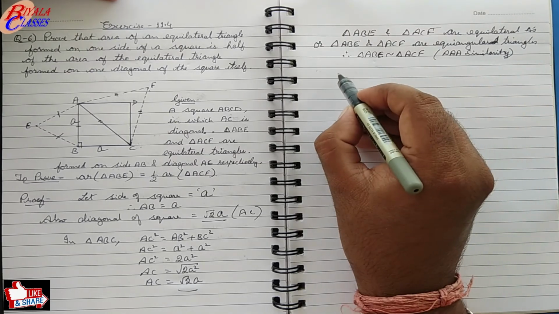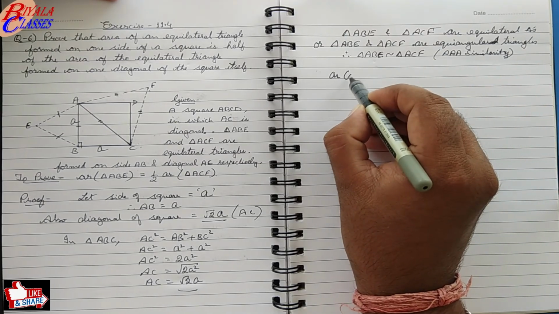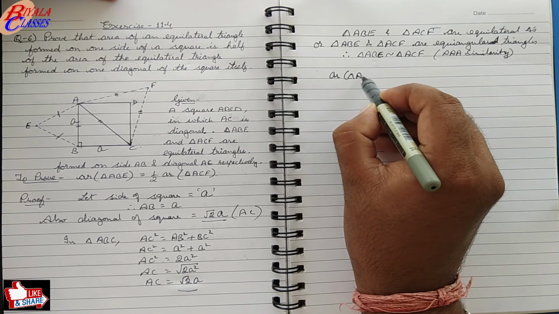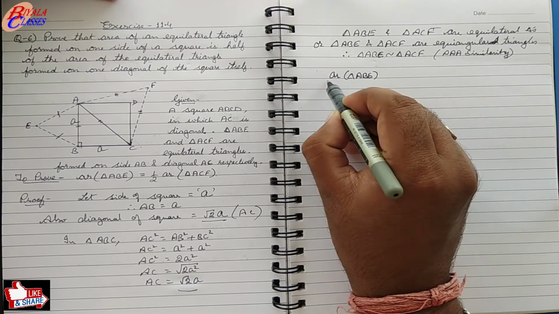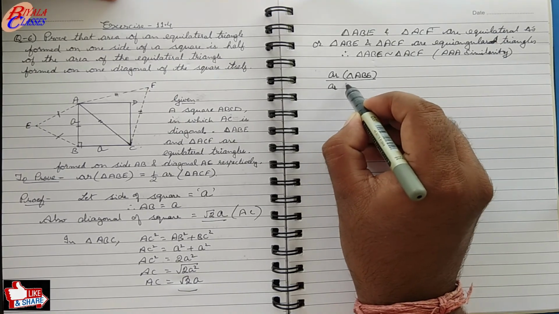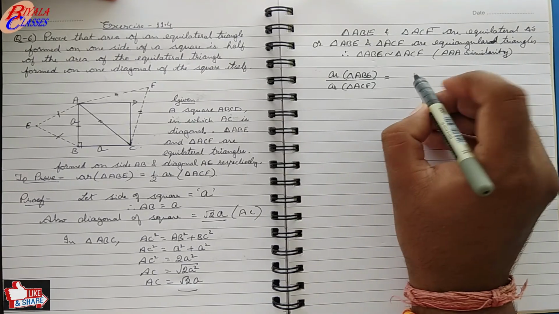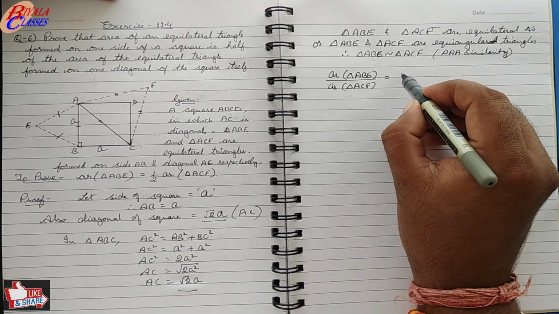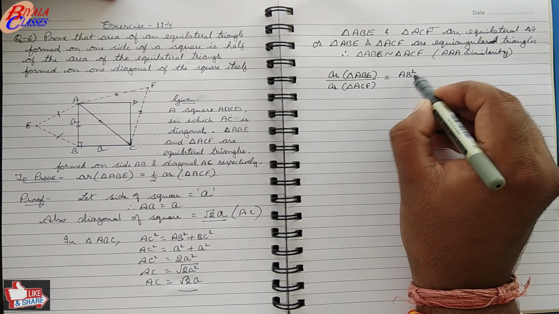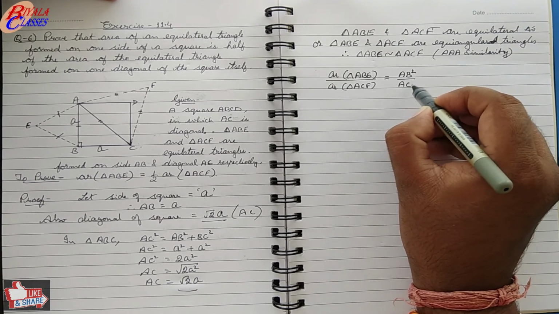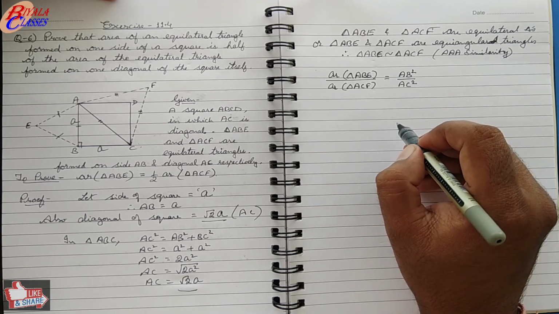Now when triangles are similar, then the ratio of their areas, we have done the theorem, the ratio of the areas of two similar triangles is equal to the ratio of the squares of their corresponding sides, that is AB squared upon AC squared.